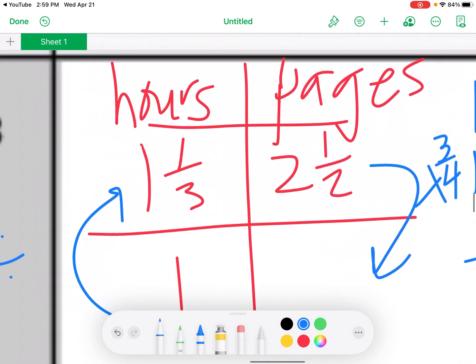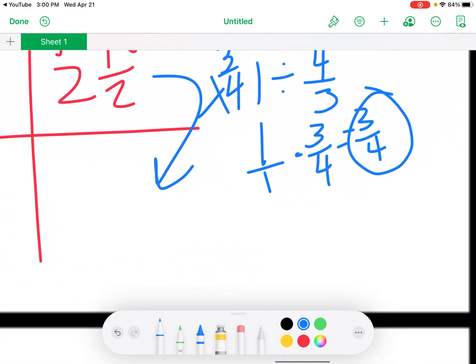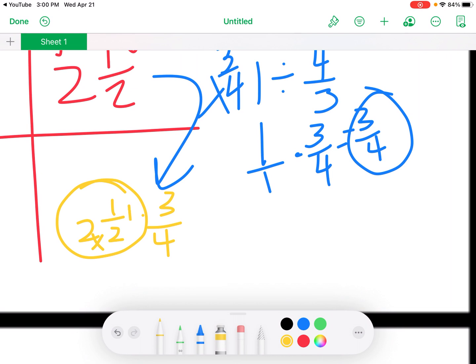So if I divide by 3/4, I have to multiply by 3/4. So now I'm going to do 2.5 times 3/4. So again, I have to go around the world. So 2 times 2 is 4, plus 1 is 5, because I'm changing from a mixed number to an improper fraction. So I get 15/16.